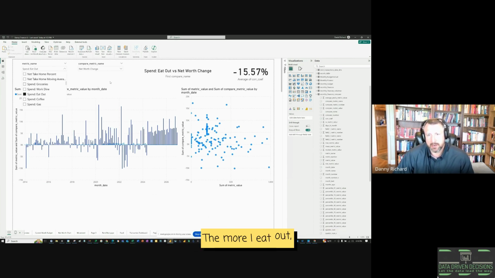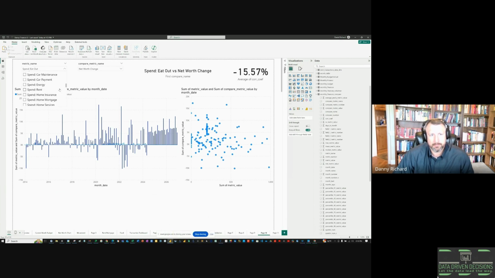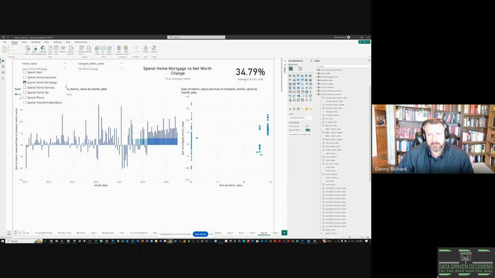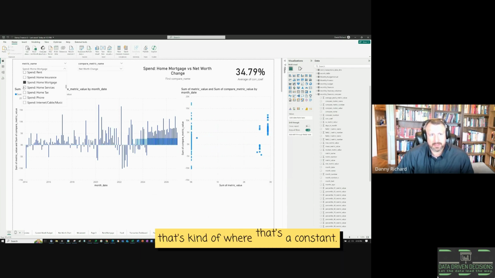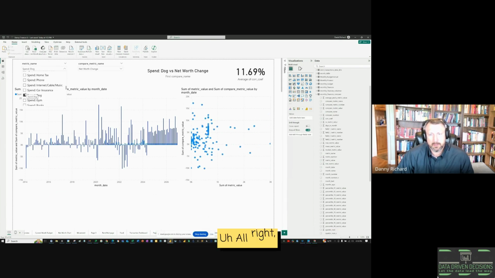The more I eat out, the lower my net worth is. My mortgage. That's kind of weird. That's a constant. All right, I got spend on dog. There's a positive correlation. The more I spend on dog, the higher my net worth.